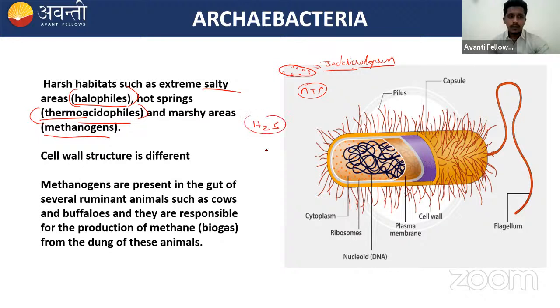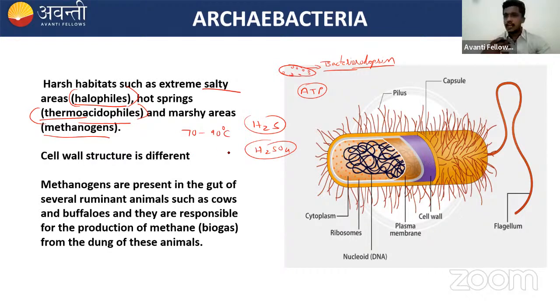Thermoacidophiles oxidize sulfur compounds and convert them into H2SO4, converting this chemical energy into ATP molecules.